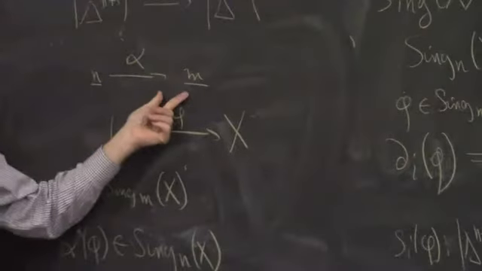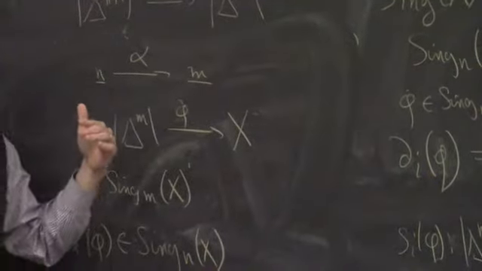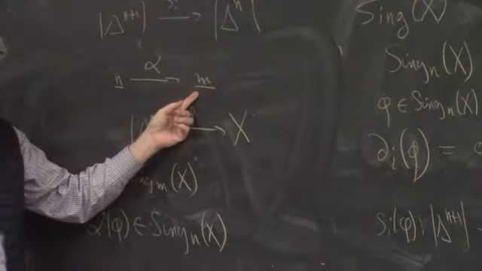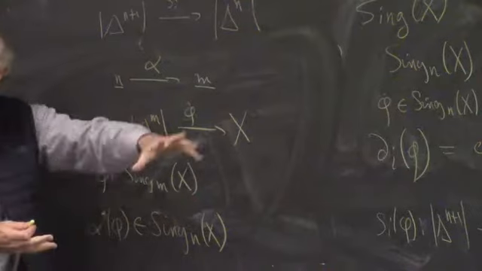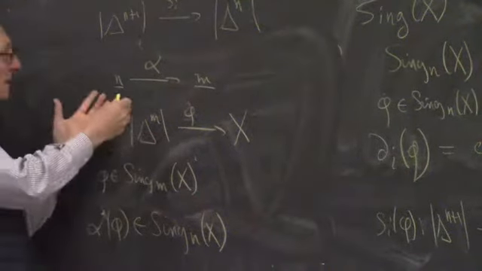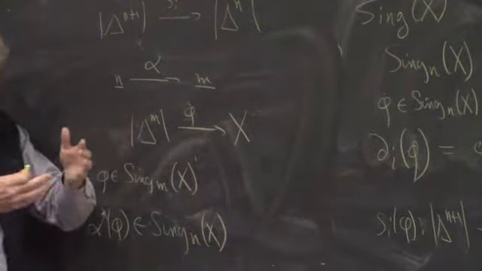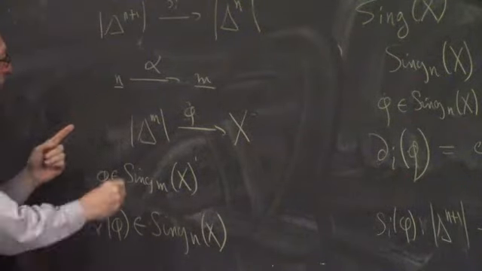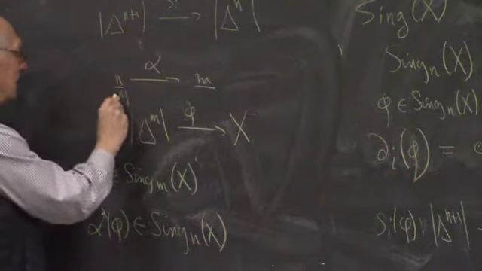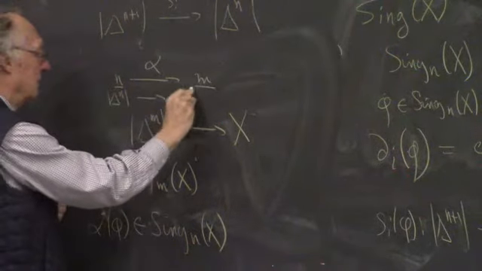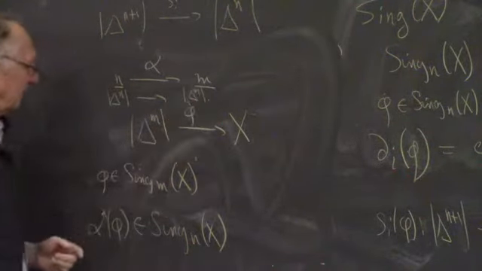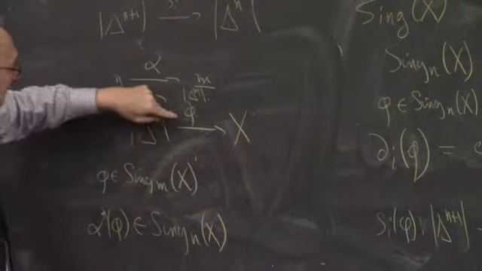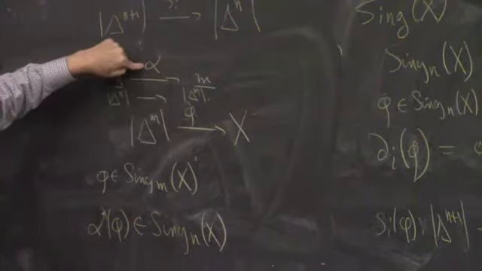This order preserving map gives you a simplicial map from the n simplex to the m simplex, which may collapse stuff, may not hit everything, whatever. Send the vertices where they go and extend affine linearly. So you get some simplicial map from delta n to delta m. And then you just compose phi with that simplicial map.